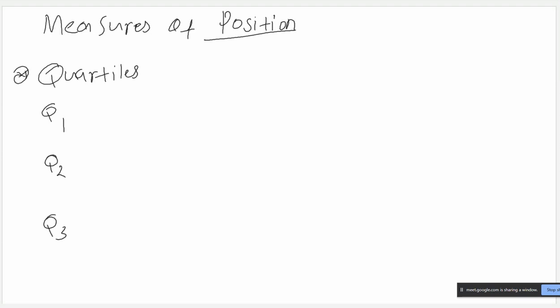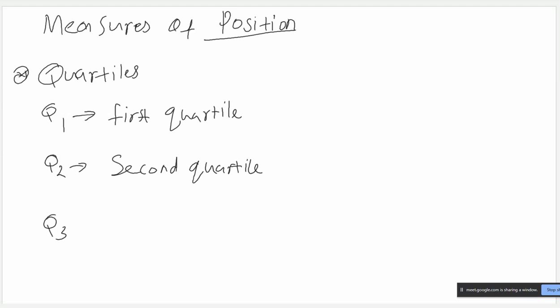So this is our first quartile. This one is our second quartile, which can also represent what? The median. So second quartile is the median of the data. And then we also have the third quartile.